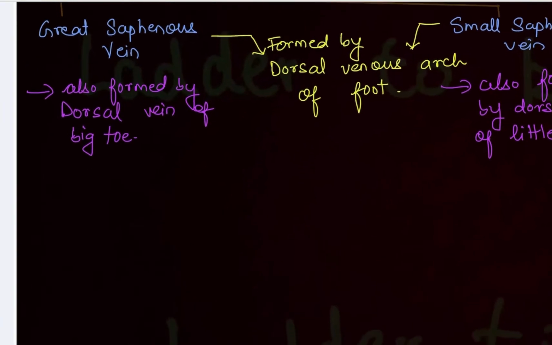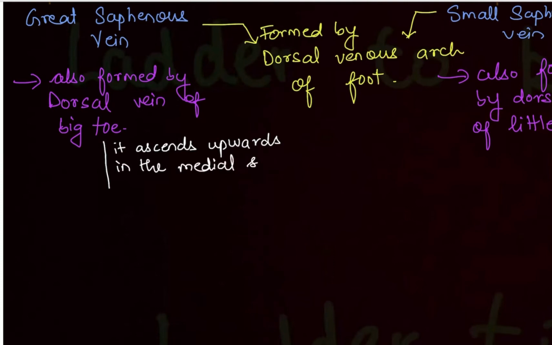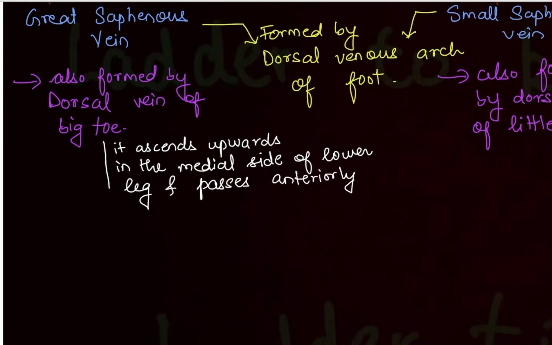Okay, now further, this vein, great saphenous vein, what happens? So write down, it ascends upwards in the medial side of lower leg and passes anteriorly to medial malleolus. Medial malleolus is of tibia bone, right? So it will cross this medial malleolus anteriorly.